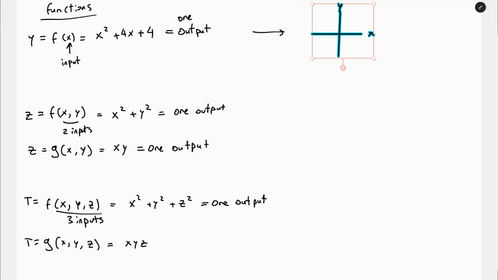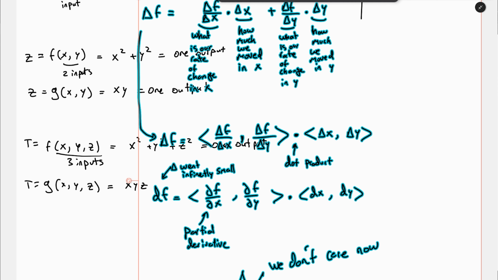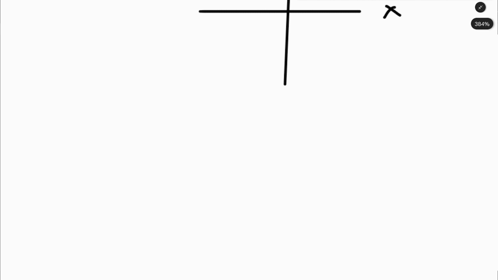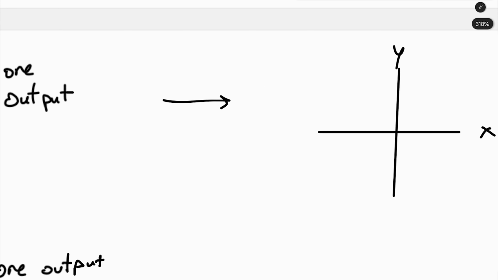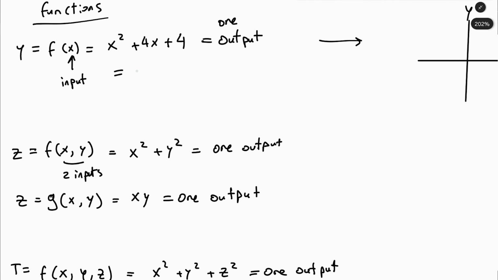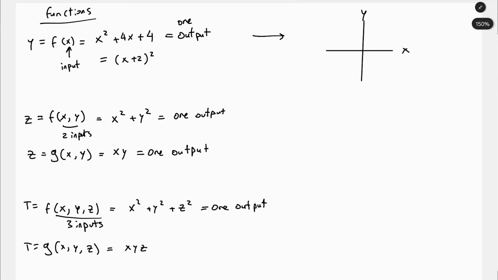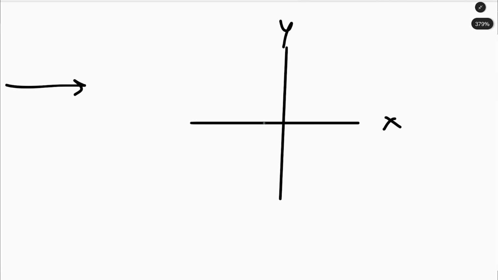Maybe I can make it bigger. Oh my god, what did I do? So this is just a parabola, right? We just have a horizontal shift, two units to the left. It's kind of looking bad, but I think you get the idea.